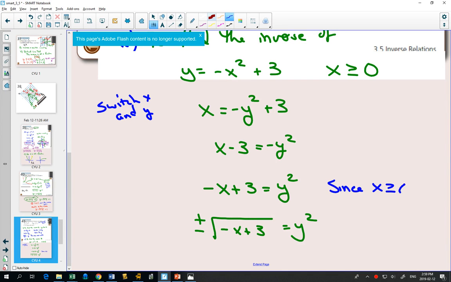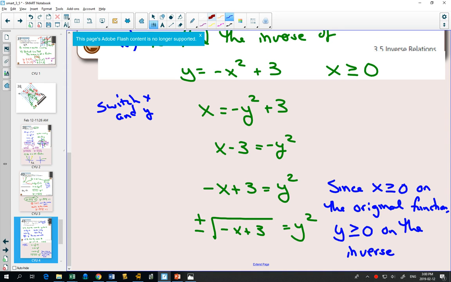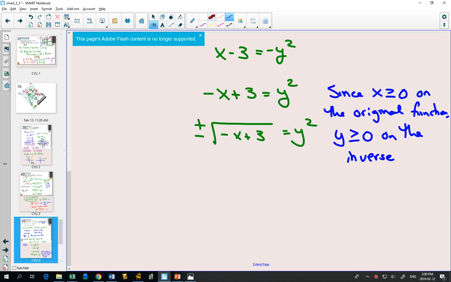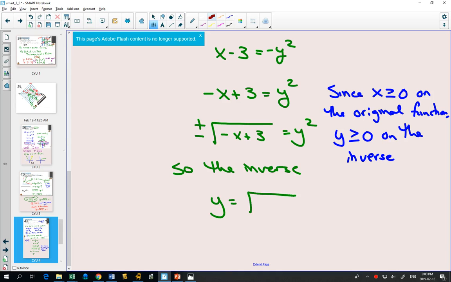Since x is greater than or equal to 0 on the original function, y will have to be greater than or equal to 0 on the inverse. And if y is greater than or equal to 0 on the inverse, well, then our equation has to be the positive one.